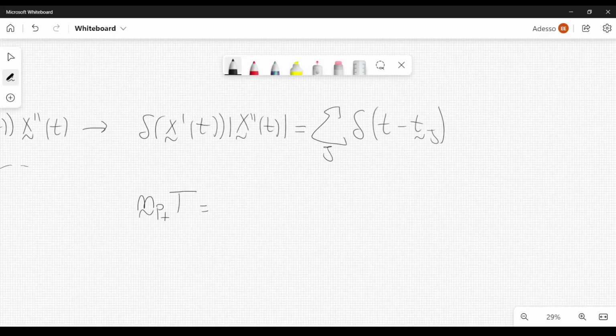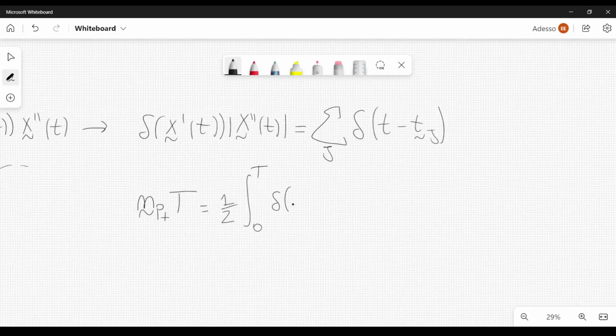And then this is equal to 1/2 integral from 0 to T, and then we have to integrate this function, right? Because we know that this function is equal to the summation of the deltas. So when we integrate a delta, we get a 1. And therefore, if we integrate this function here, we will get the total number of peaks. But if we want the positive peaks, we multiply by 1/2. Because by assumption, we know that the number of maxima is equal to the number of the minima.